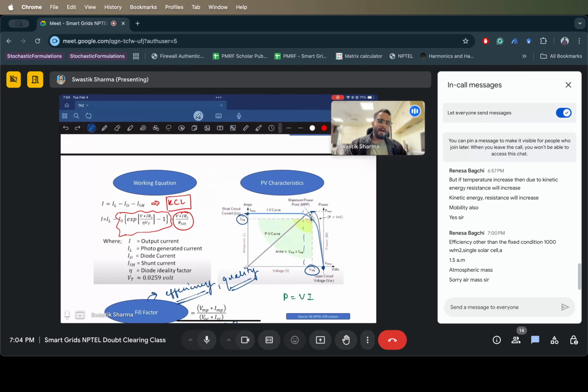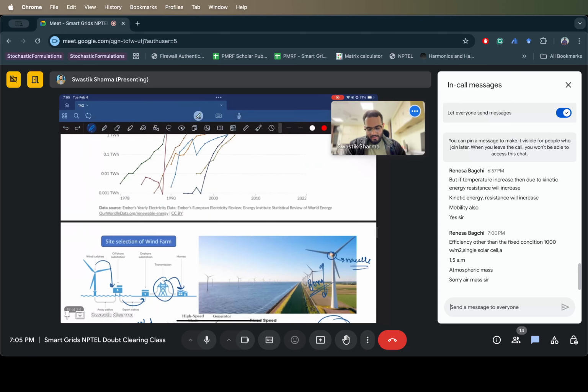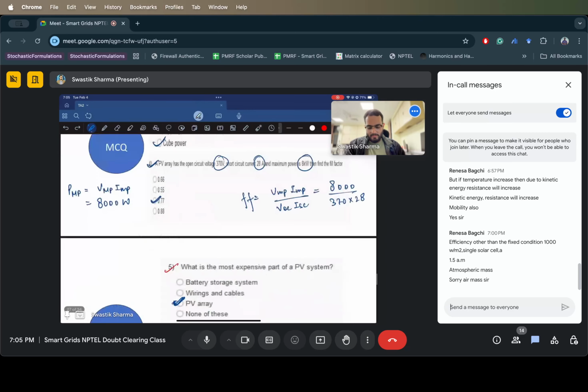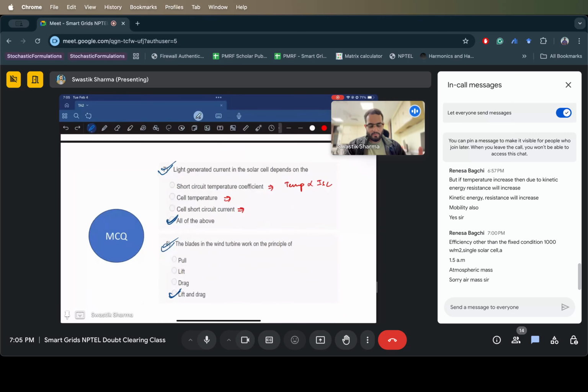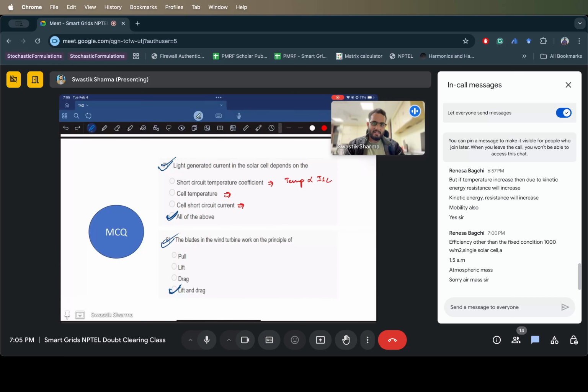So you have to ask an electronics engineer what the efficiency is if the conditions are removed. But for the knowledge I possess, there is a coherent relation between ISC and temperature, in which it will increase to a certain extent, after which it won't. And that is what I'm telling you since the question.